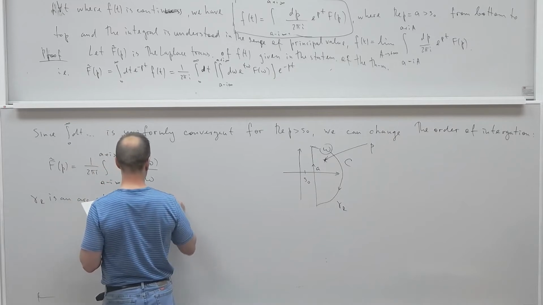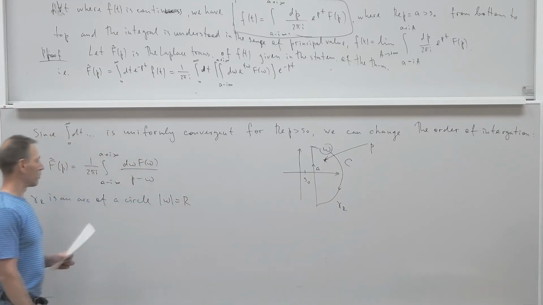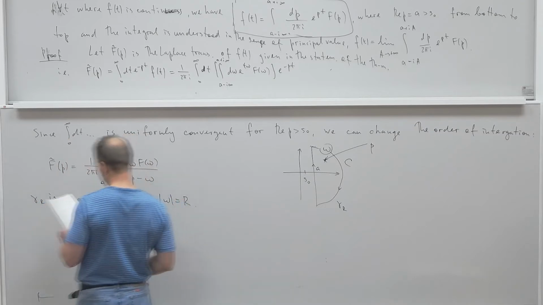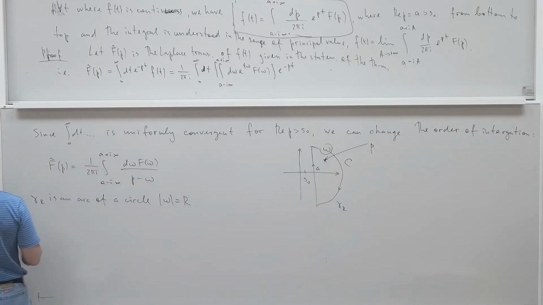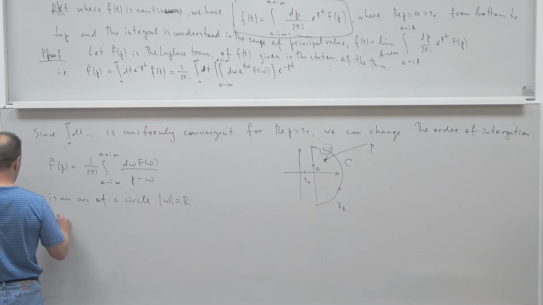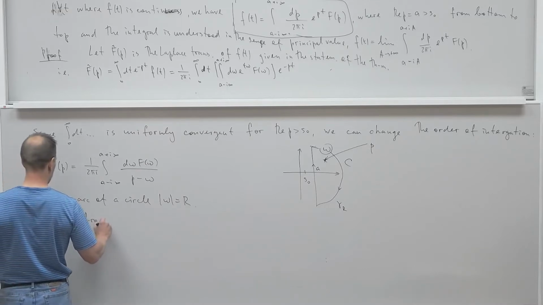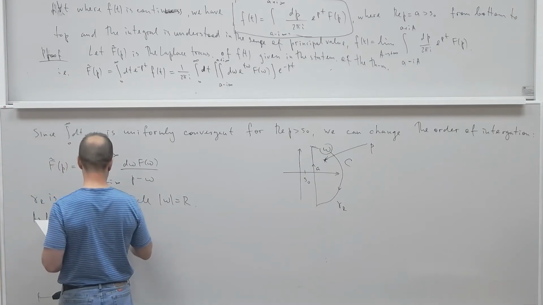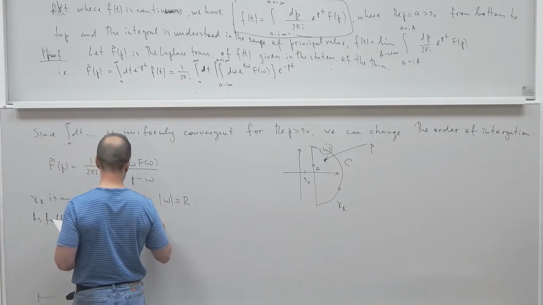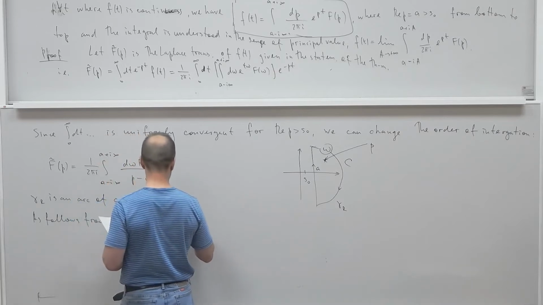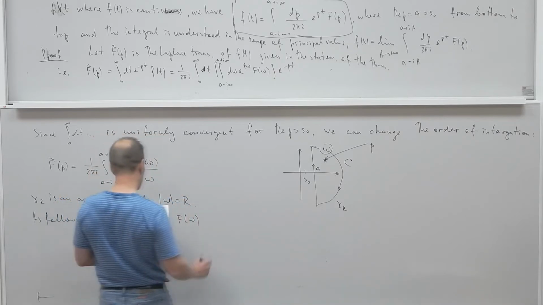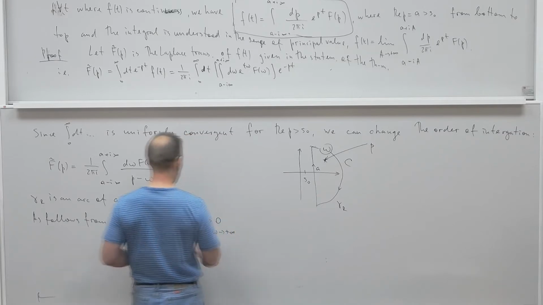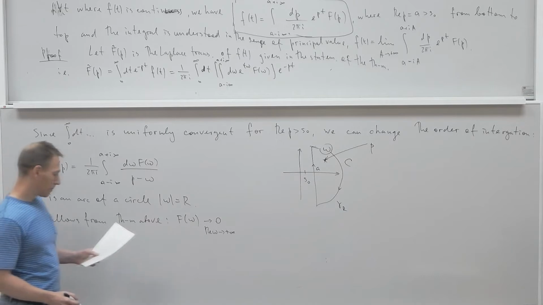So, modulus of omega is equal to R, and as follows from the theorem about the Laplace transform, the Laplace transform tends to 0 when the real part of omega tends to plus infinity for any imaginary part of omega.